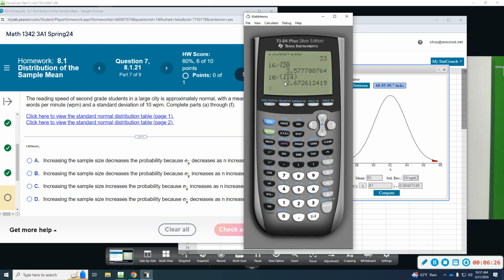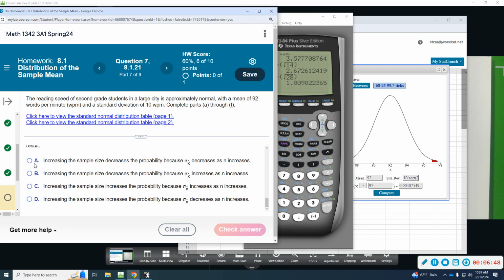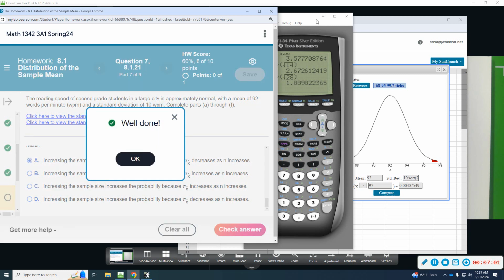So this is my sigma x. If I do 10 divided by square root of 28 this time, my sigma decreases. So as the sample size increases, my sigma is decreasing, and so my probability. So increasing the sample size decreases the probability because sigma decreases as n increases. So A, that's what we notice is happening.